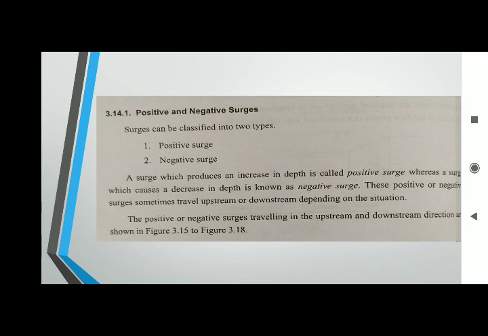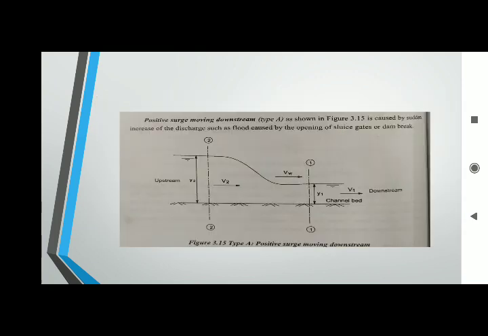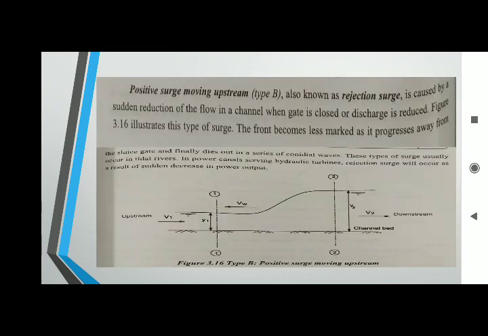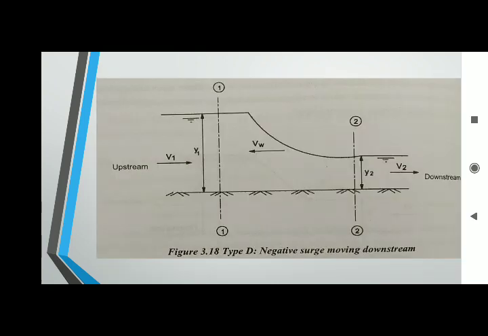Here there are two types, positive surge and negative surge. In positive surge, depth of water increases in flow direction. In negative surge, depth of water decreases in flow direction. So these are the four types of surges with examples.